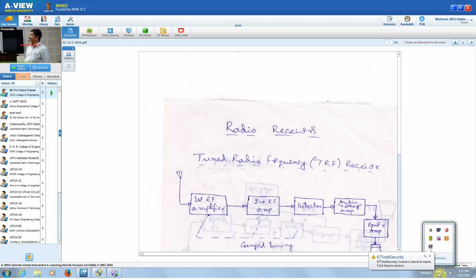In the 10 kilohertz bandwidth, if we don't have the tuning, then we may not get the required adjacent channel rejection. Therefore, normally we go for a single tuned circuit in the case of the tuned radio frequency receiver.